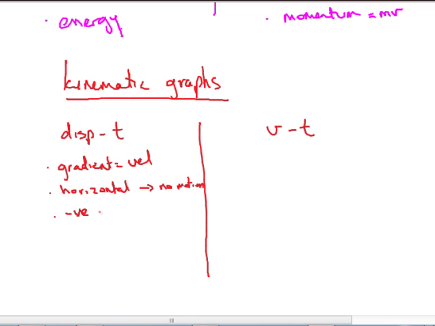If it's negative gradient, then it's travelling backwards relative to your direction that you've defined as your positive direction. And the t-axis is your point of reference.